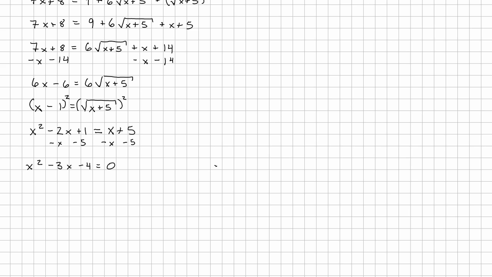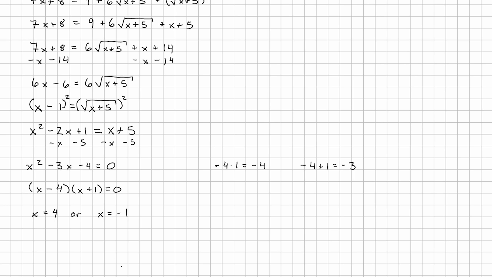I notice that negative 4 times 1 equals negative 4. Negative 4 plus 1 equals negative 3. So my factors are going to be x minus 4, x plus 1. So my solutions are x equals 4 or x equals negative 1.